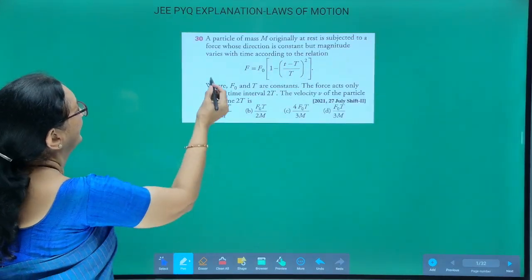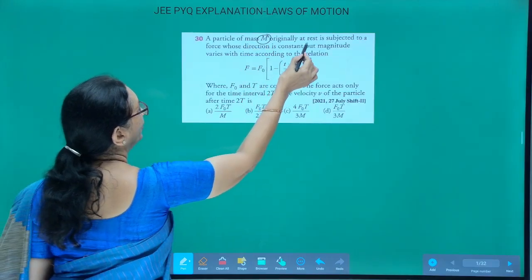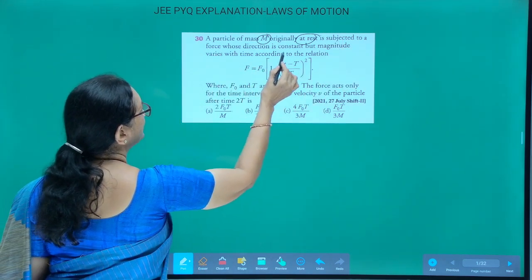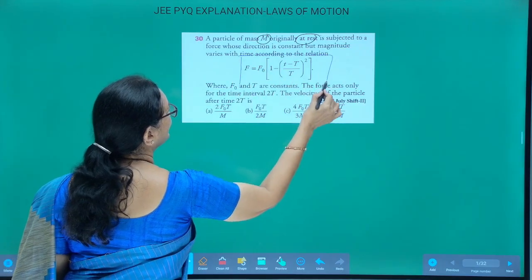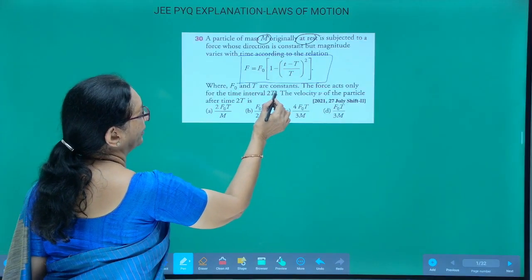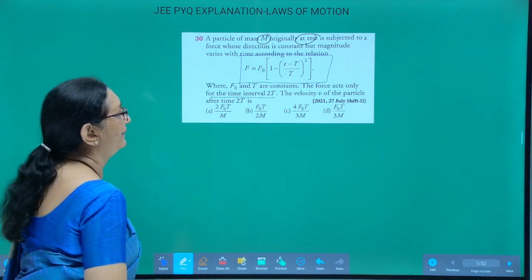Look here, read the problem. A particle of mass m originally at rest is subjected to a force whose direction is constant but magnitude varies with time as that equation, where F0 and T are constants. Force acts on it for the interval of time 2T.